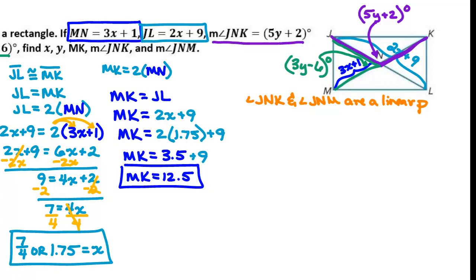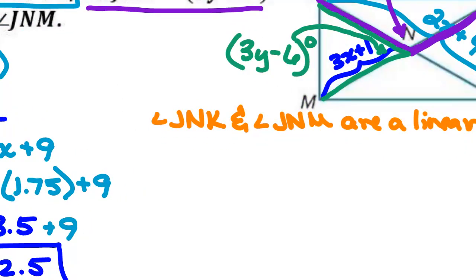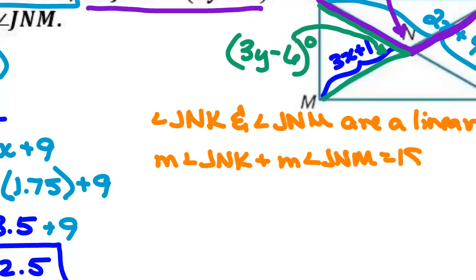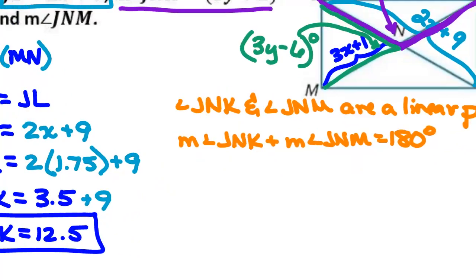Why do we care that they're a linear pair? Because if you add them together, they equal 180. Absolutely correct. So the measurement of angle JNK plus the measurement of angle JNM is equal to 180 degrees. So now we're going to substitute in these expressions.